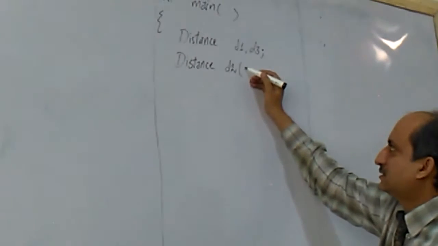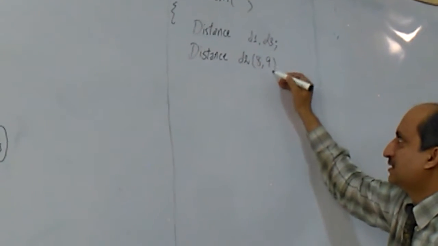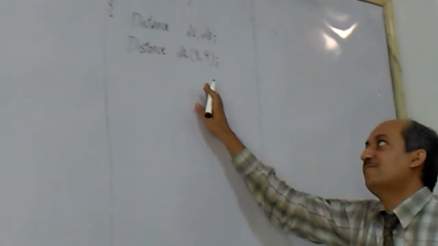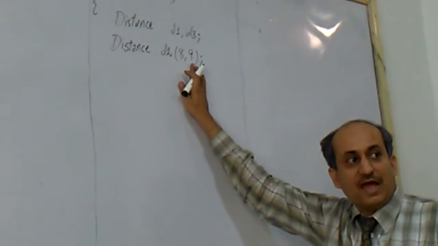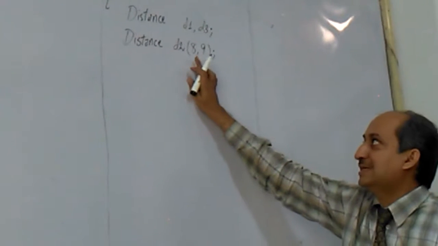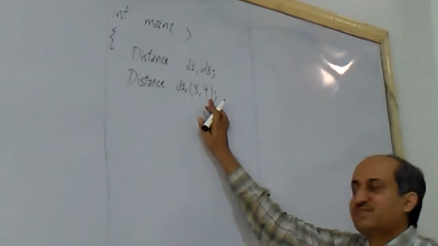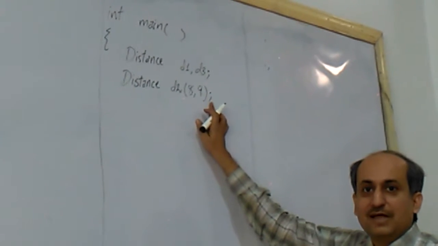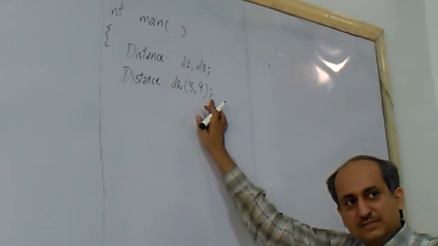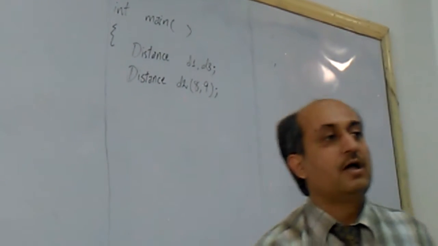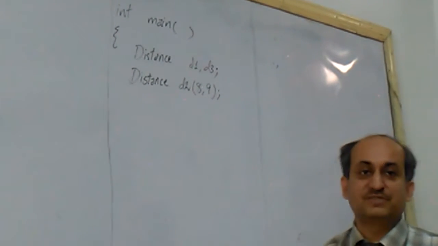Let's suppose it's 8 feet and 9 inches. What is the syntax of passing values to the constructor? You just open small parentheses, write the values in that specific sequence, and then close the parentheses and put the semicolon if you do not need to create another object.